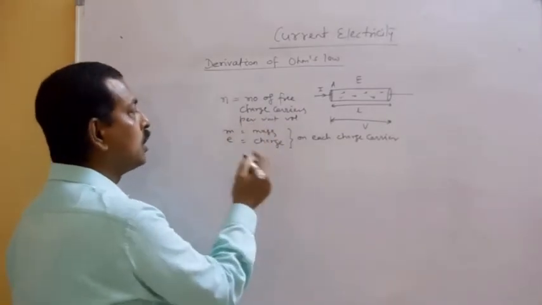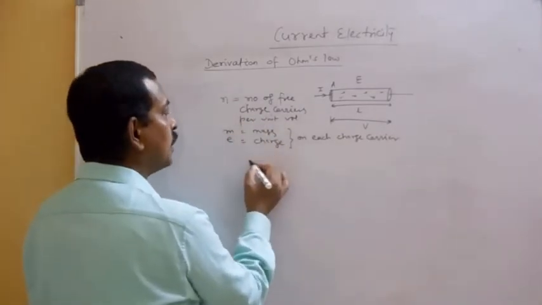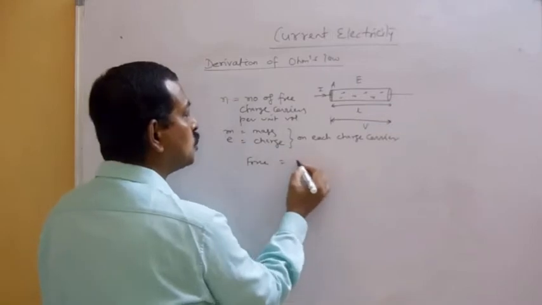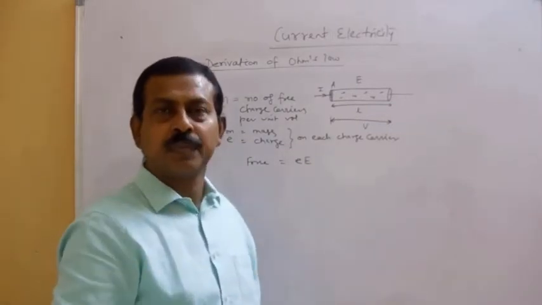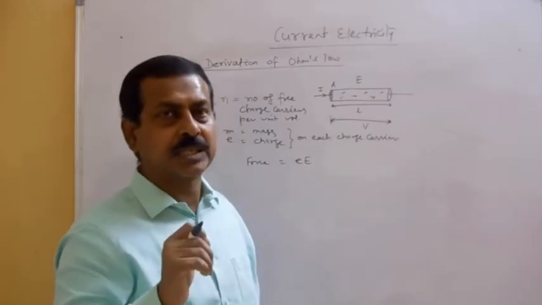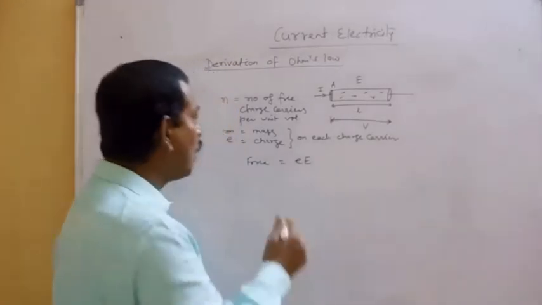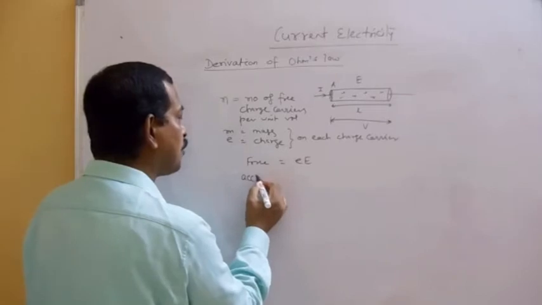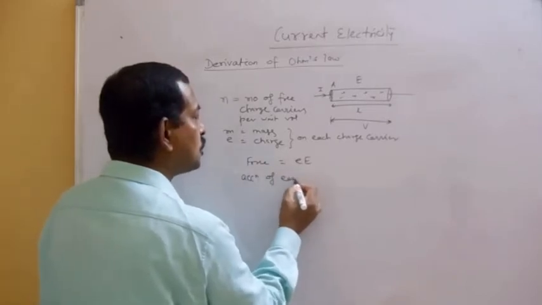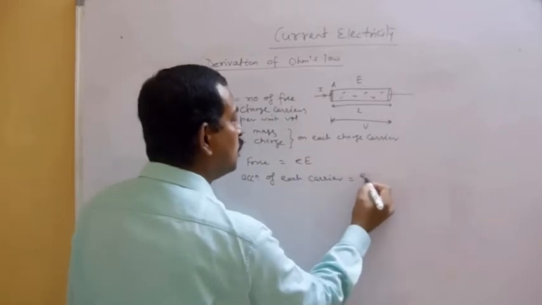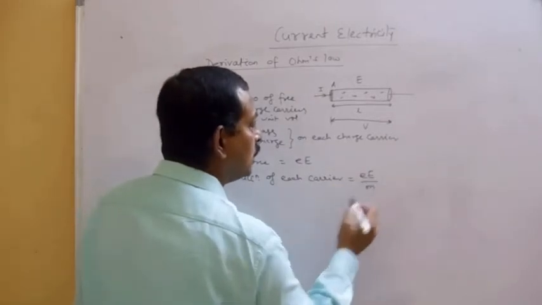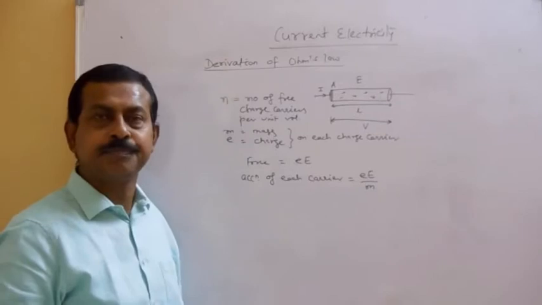The force on each charge carrier will be equal to eE. This is the force on each charge carrier. So acceleration of each charge carrier will be eE by m.